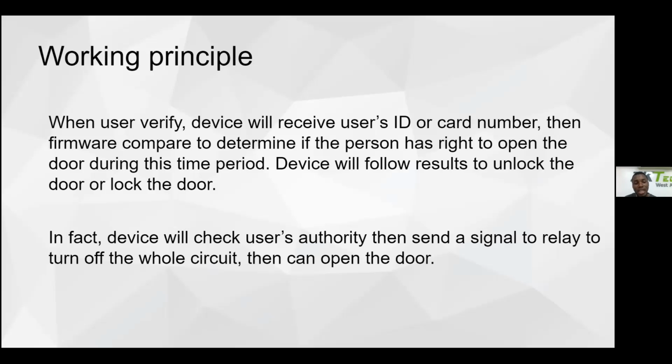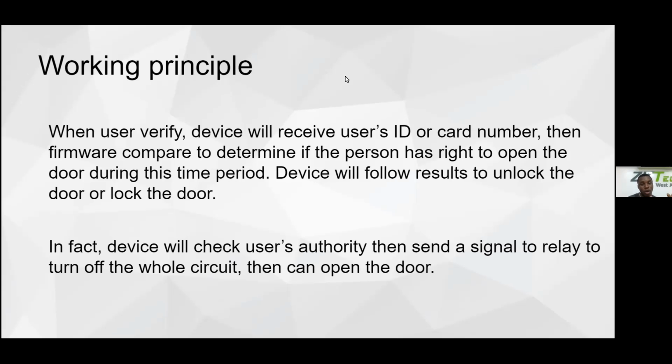We're talking about the fact that when someone wants to access your door, your room or your estate, like I said earlier, we have our devices using either a card or a user ID. You can use a user ID, you can also use a card number, and there are some that also use face, depending on the kind of device that you want. We have some that also use fingerprint.